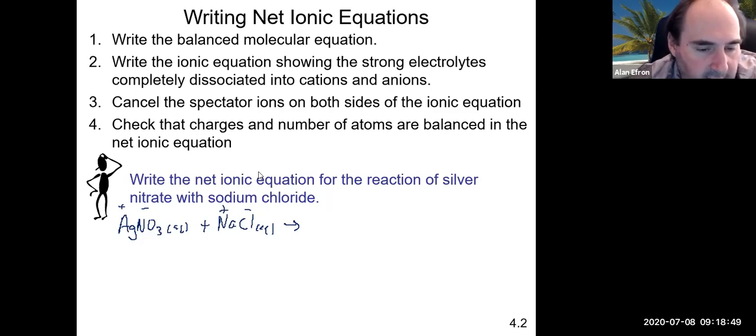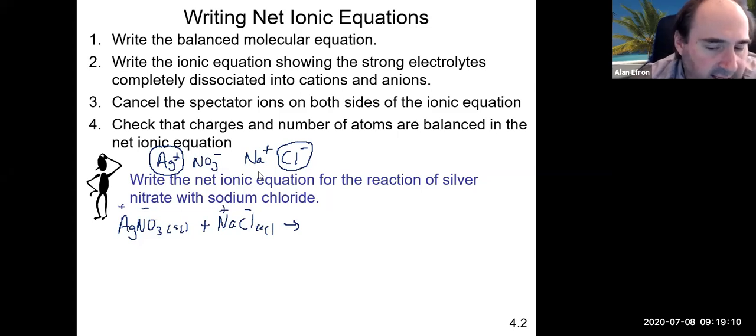And when we want to go to the other side, again, really the silver nitrate is silver with a +1 charge, nitrate with a -1 charge. Sodium chloride is sodium with a +1 charge, and chloride with a -1 charge. So the first thing that would come together is our silver. We'll switch partners and come up with our chloride.